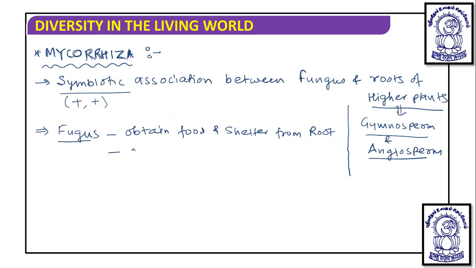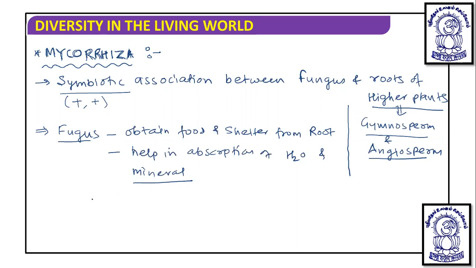They also help in absorption of water and mineral. So they get food and shelter from the root of the higher plant, but in return they also increase the surface area of absorption for water and mineral.